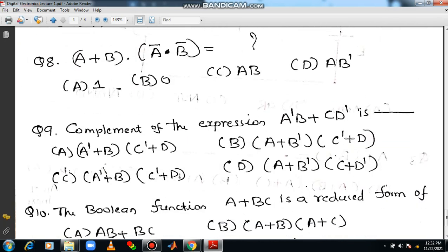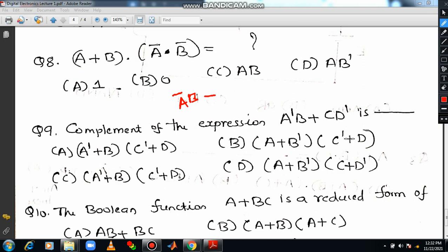Let's discuss question number 9. Complement of the expression A bar B plus C D bar. So I have to complement, right? Instead of a dot, I am convenient to write it like this: A bar B plus C D bar whole complement.